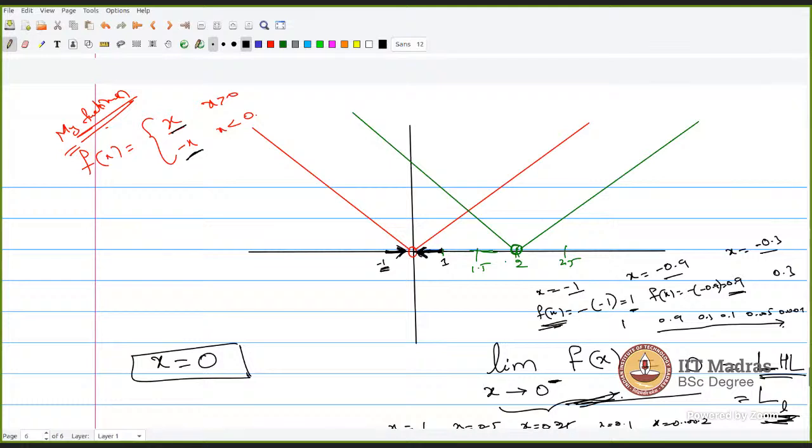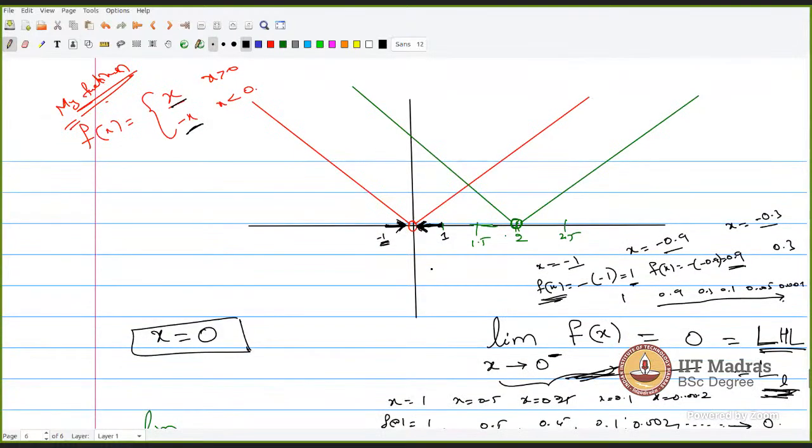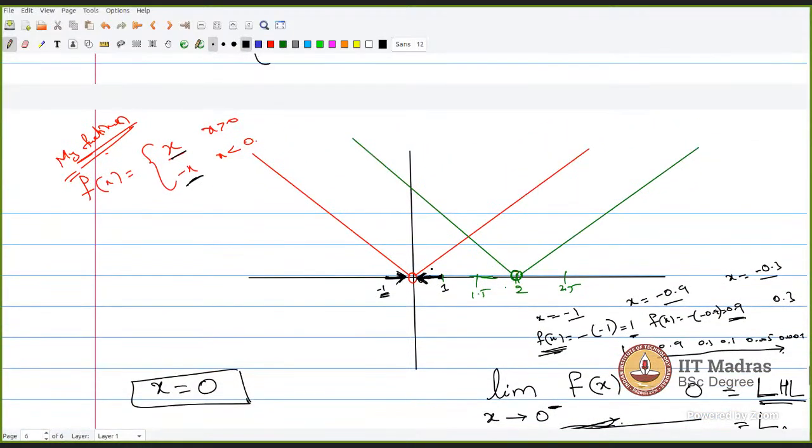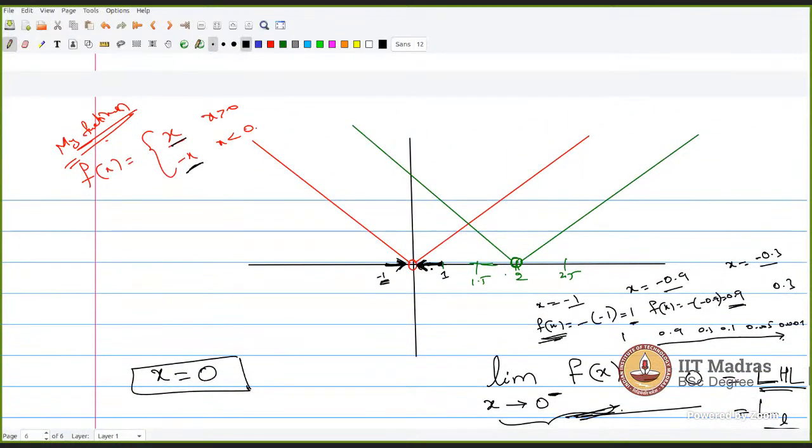Vicky, before erasing this graph, can you explain whether a tangent exists for this or not? Tangent at any point, because it looks like a straight line, no? Yeah, that is what I said.